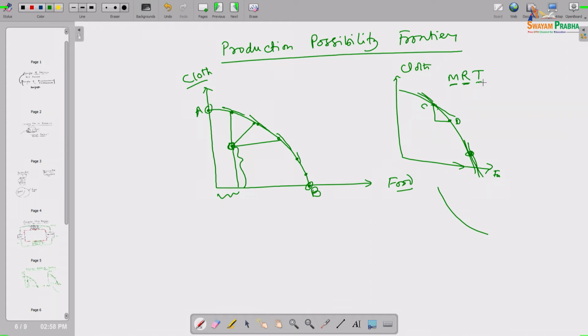Now, the first clarification: why will this production possibility frontier be downward sloping? Because, as we repeatedly said, any society has a limited amount of resources. Resources are scarce, not boundless. A certain limited amount of resources is there.